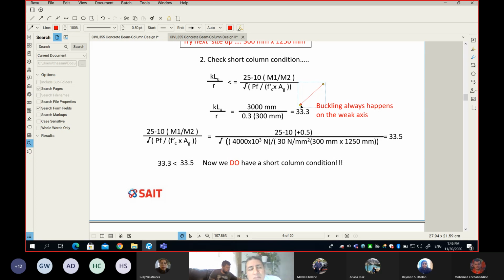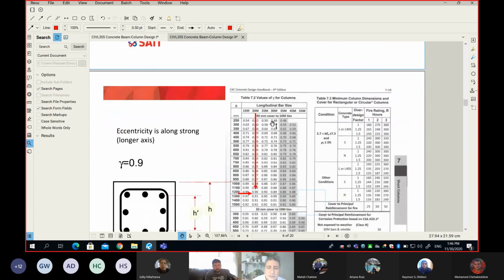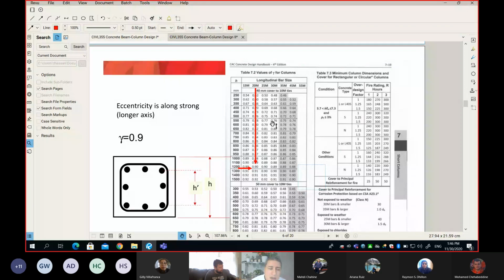Now and only now, my column is a short column, which means I can proceed with neglecting the buckling effect. Are you following? Yeah, we're following. Okay, so once you know that your column is a short column, then we can start getting into our interaction diagram, because I know my moment is not going to change. My moment is only the one from the loads.